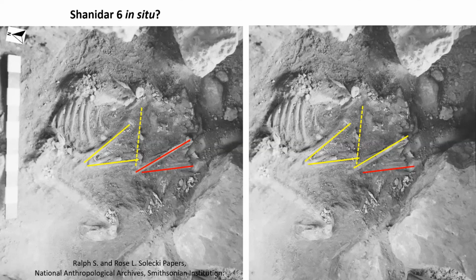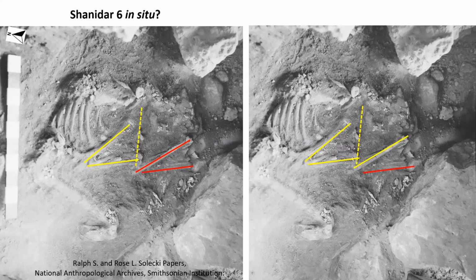We've got his left humerus marked here in the dashed line, which would have been under the body. There's two bones here, more or less, and another one here that you can see. It's a bit difficult to see. This one, in many publications after this, was assumed to be part of Shanidar 6.